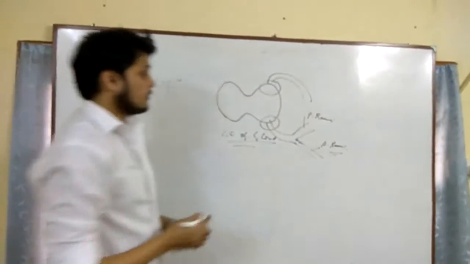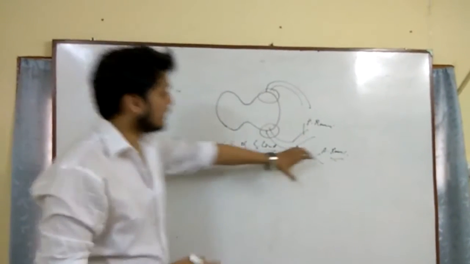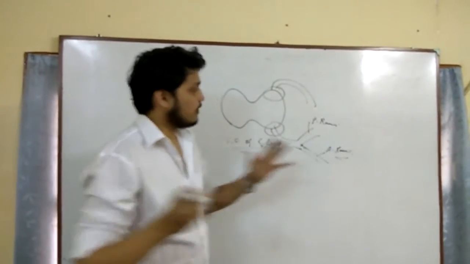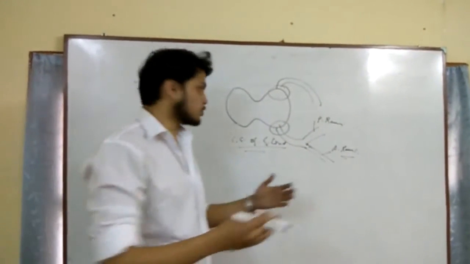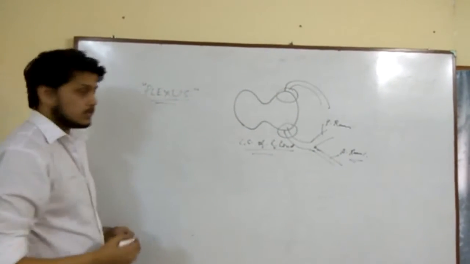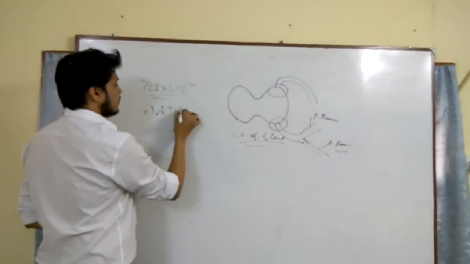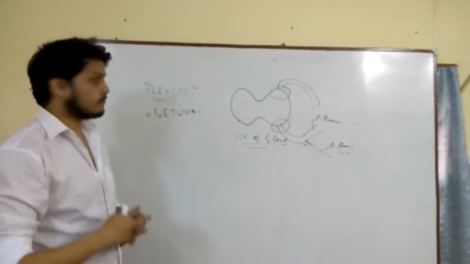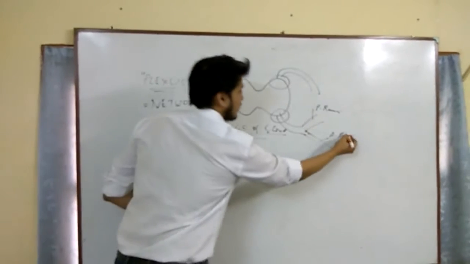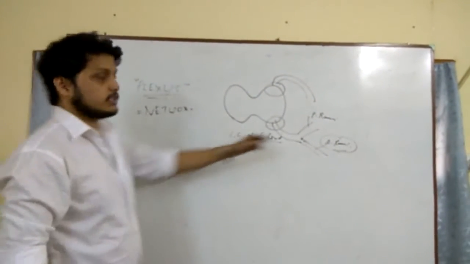When the anterior rami mix together, fuse together, join together, they form something we call a plexus. So plexus just means a network. It's a network of the nerves of the anterior rami of the spinal nerves, not the posterior rami.